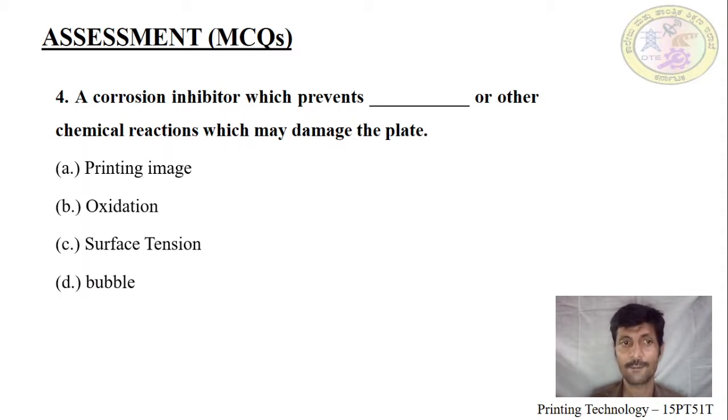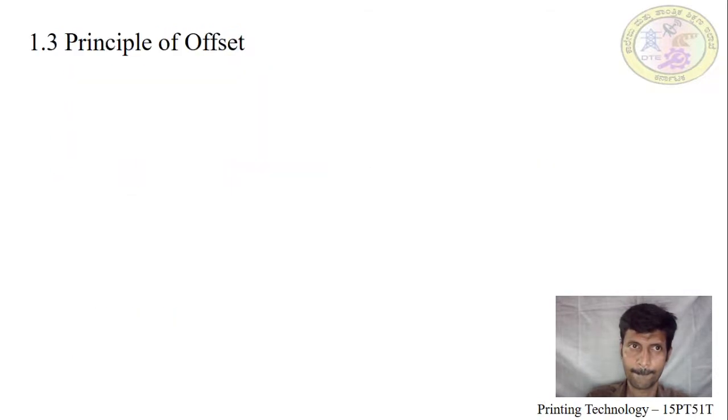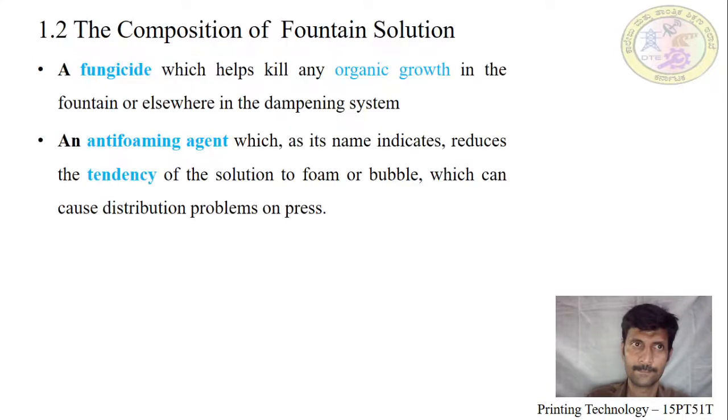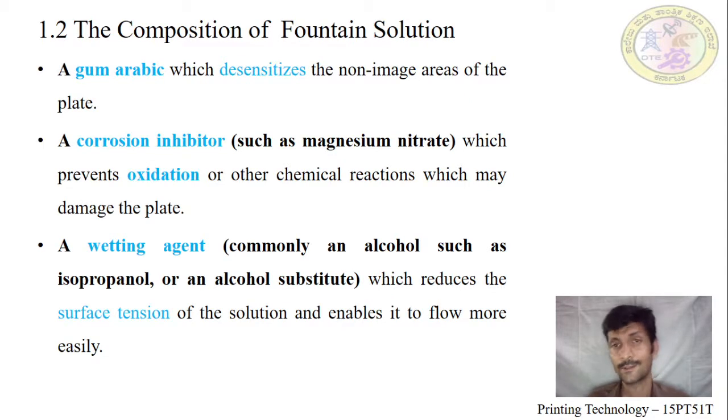Come back, I will show you once again. See, oxidation, I should not tell. It prevents the chemical reactions which may damage the plate. It combines with the air and it will form.